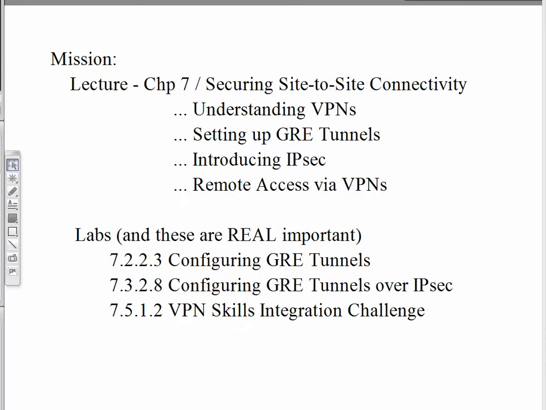Bill, I was doing one of the practice exams, and it was for EIGRP with the different, let's see, where the heck is it?